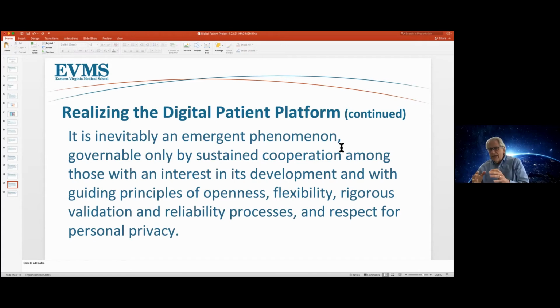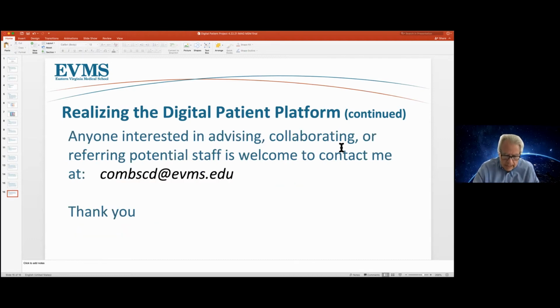And the fact that it's novel, what I'm talking about in a digital patient platform is going to be new. And we're going to have to pay a lot of attention to how we build in flexibility so that it evolves over time. We're in the startup process.